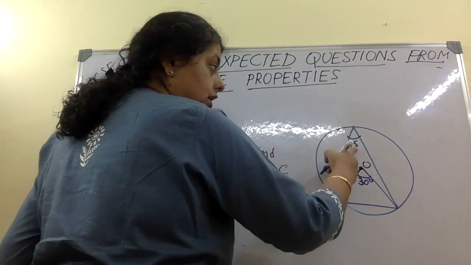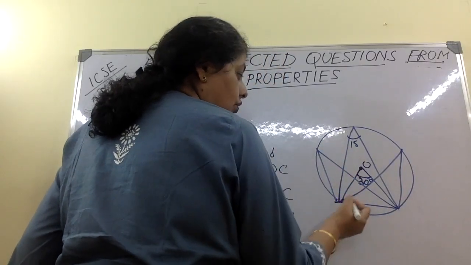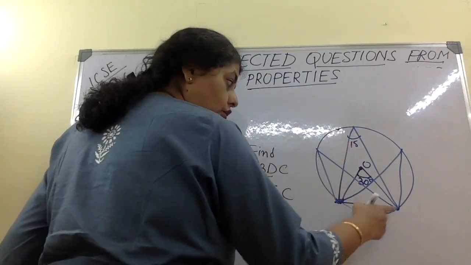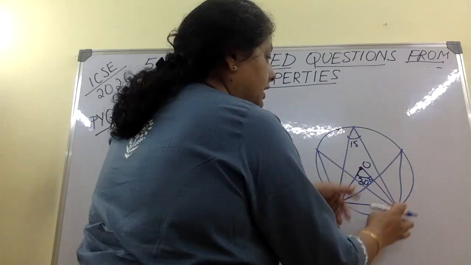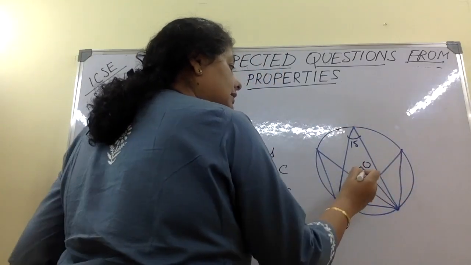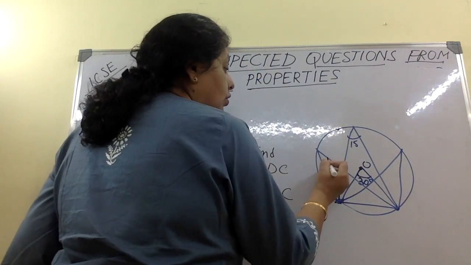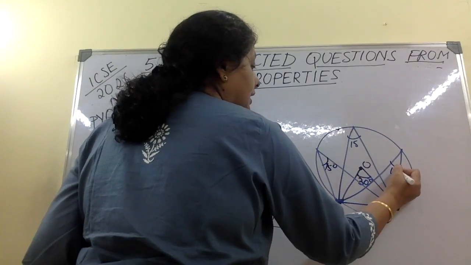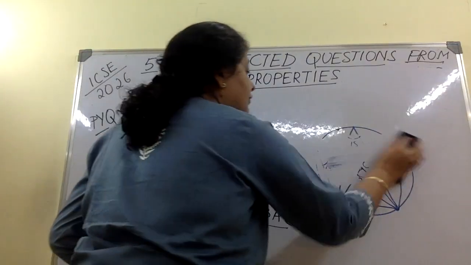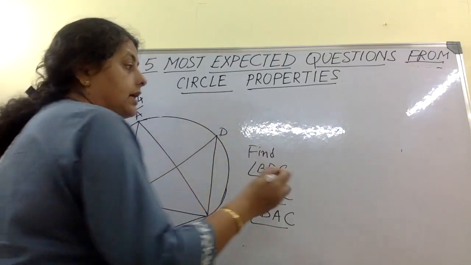Similarly, any other angle, as long as these are the two end points of the chord, all these angles at the circumference are half of the angle at the center. So the angle at the circumference is half the angle at the center.